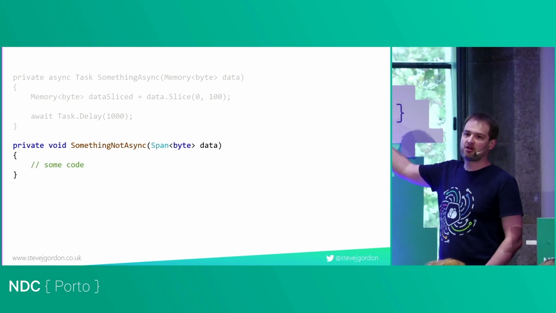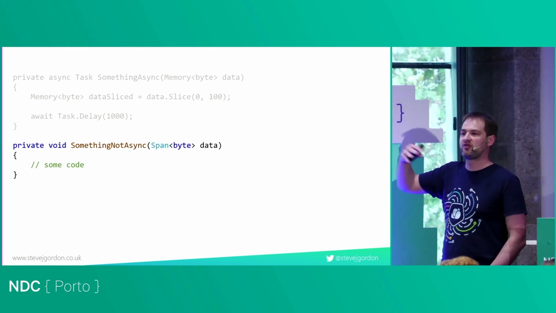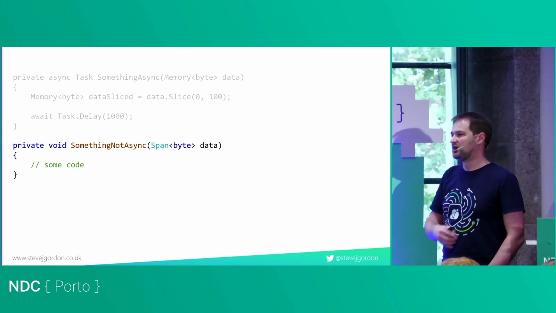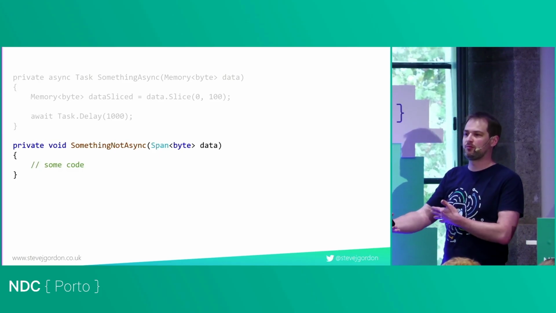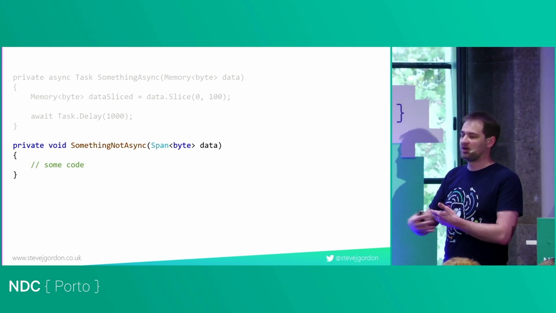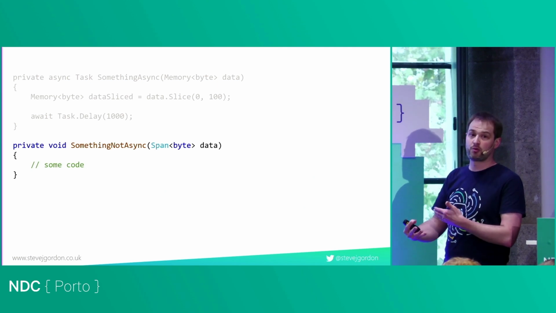Typically, we're only in an async context during some I/O operation. We're getting some bytes off the wire through a stream, or we're reading in a file, or whatever it might be. But once we've done that initial read and we've got some data buffered into memory somewhere, at that point we can switch to non-async code while we're processing.